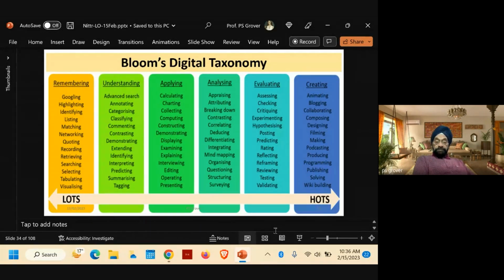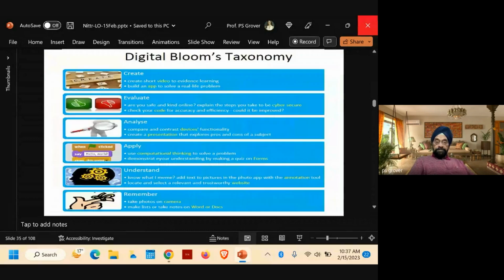When you are preparing a learning outcome for a course where there is a lot of computer or IT activity, use these verbs for this purpose. Similarly, for example, create a short video to evidence learning, build up an application, and so on. So this is how you can do all this.